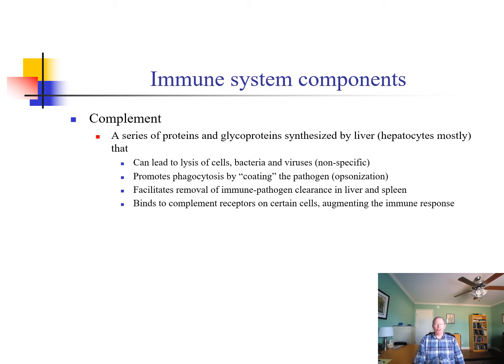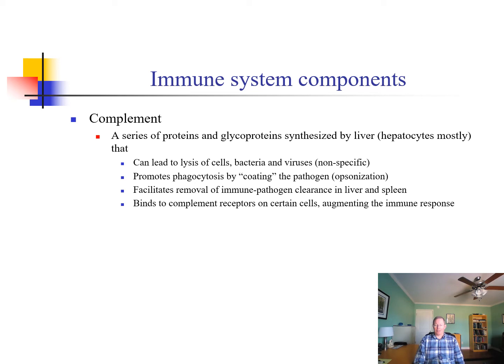So I mentioned to you, as part of the innate immune system, is this idea of complement. Now, complement is a series of proteins. Glycoproteins are synthesized by hepatocytes in the liver, and they ultimately lead to the lysis of cells. Those cells can be bacteria, they could also be viruses. It's non-specific. By coating these pathogens also with different proteins, it supports what's called opsonization.